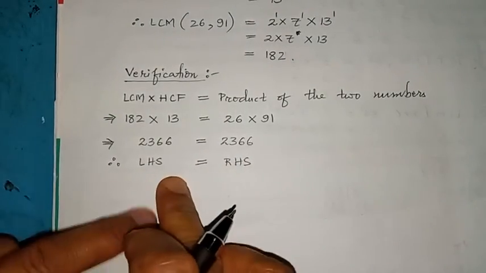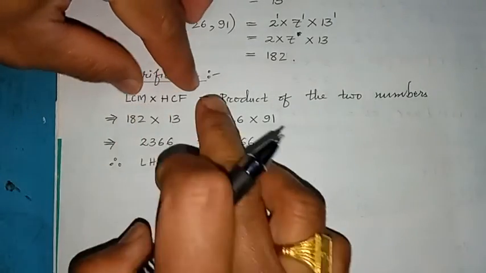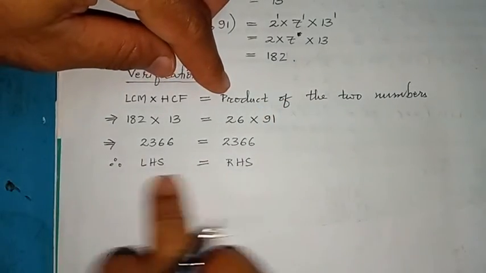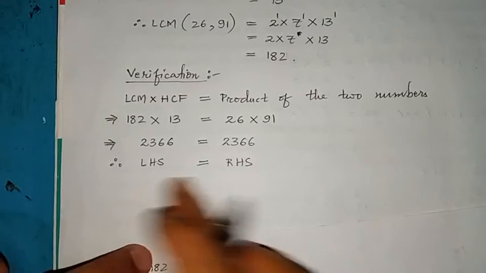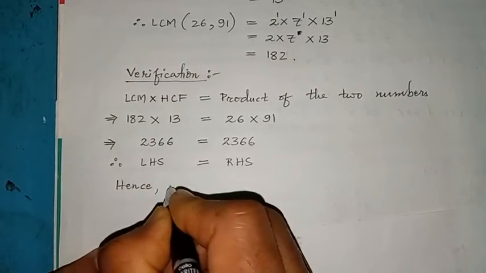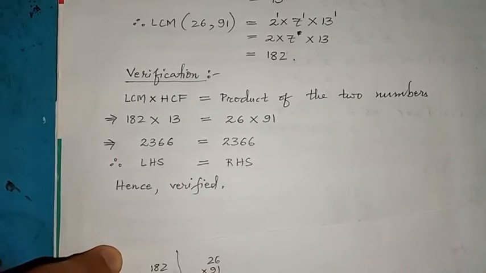So yes, we have proved that the product of HCF and LCM of any two given positive integers is always equal to the product of the two given numbers. Once you get equal, we have verified. So finally conclude like this: hence verified. Therefore we have verified our results, which means our results are correct.